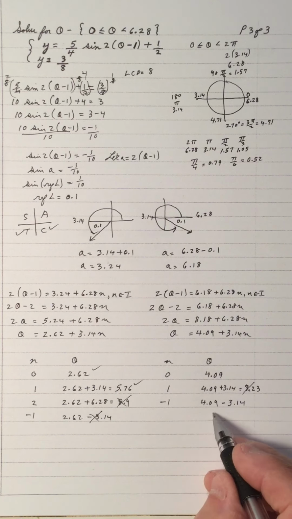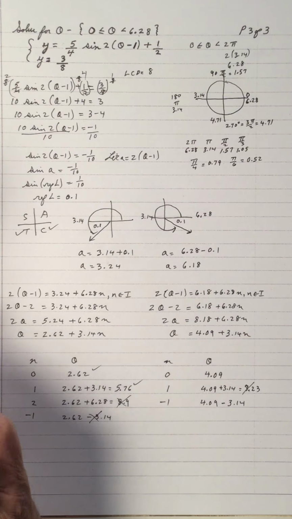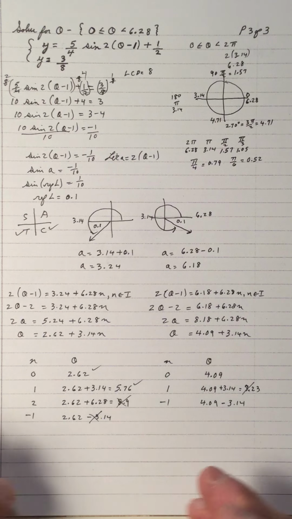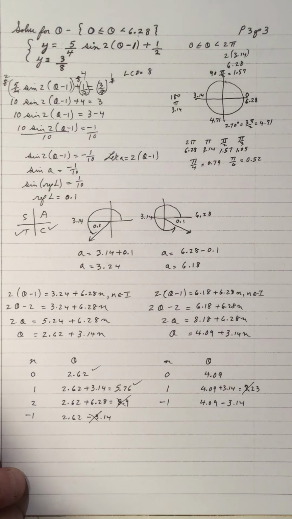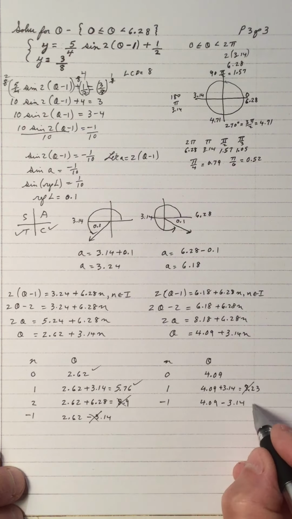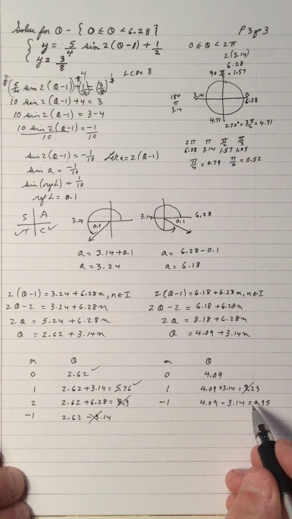And if we subtract that, I just use the calculator here very quickly. Sometimes when I use my head, things don't work out right. So I'm subtracting 4.09, subtract 3.14, and that gives me 0.95, which fits.